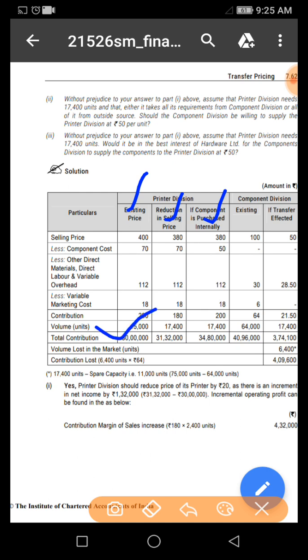At the revised price you will be able to sell 70,400, and here also 70,400 at the revised price. The total contribution will be volume into contribution per unit, so that's 30 lakh, 31 lakh 32,000, 34 lakh 80,000. Okay, so the printer division is done.